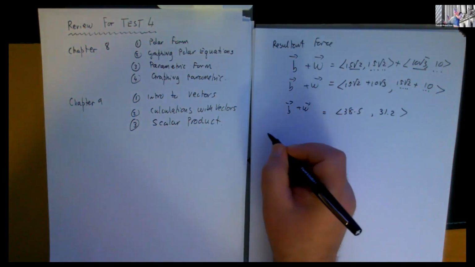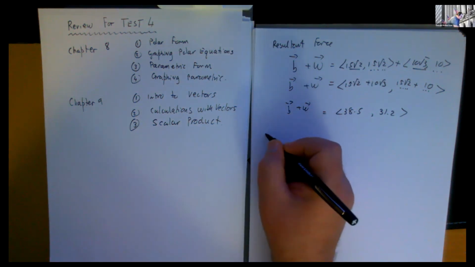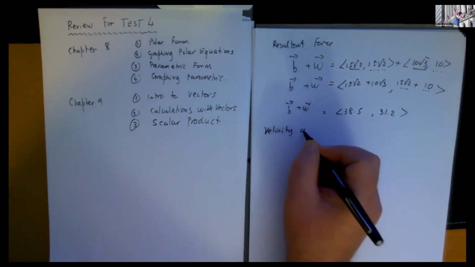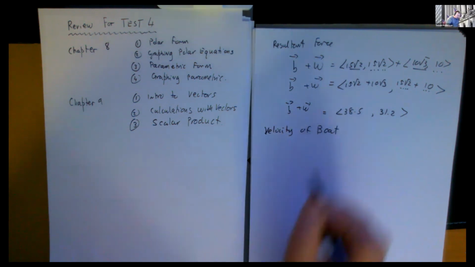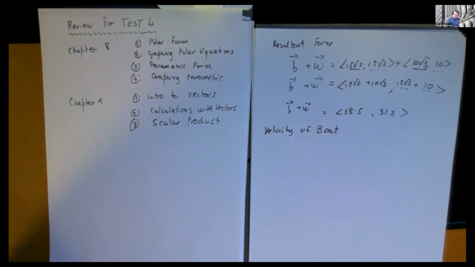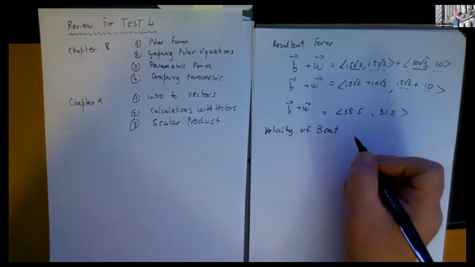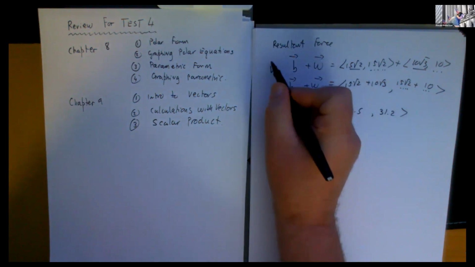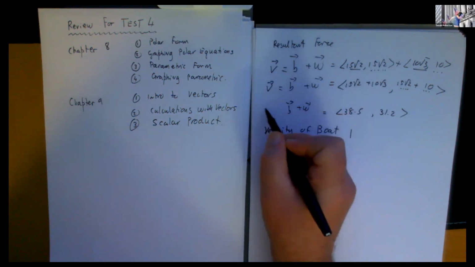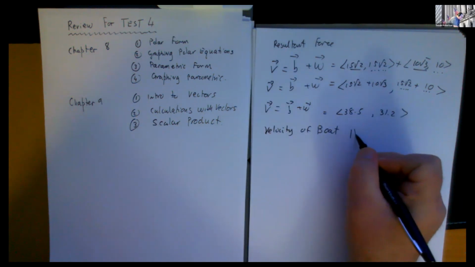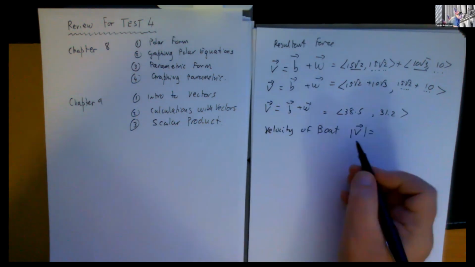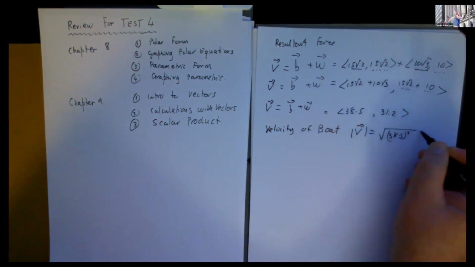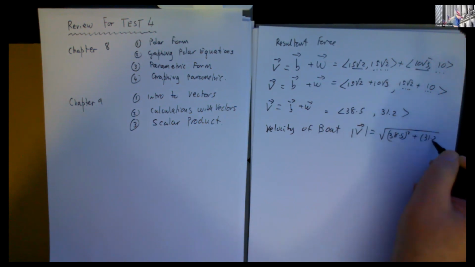So we want two things from this. We want to find the velocity of the boat. The boat's trying to travel at 30 miles an hour, but this wind is blowing against it. So if you want to find the velocity of the boat, and we'll call this vector v, got to call it something, then the magnitude of that is the velocity of the boat. So it's the square root of 38.5 squared plus 31.2 squared.